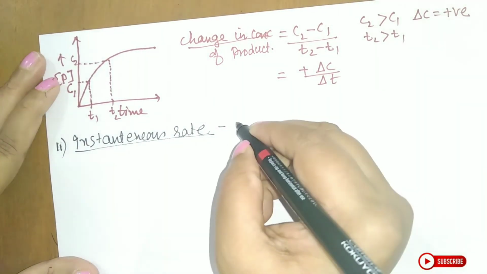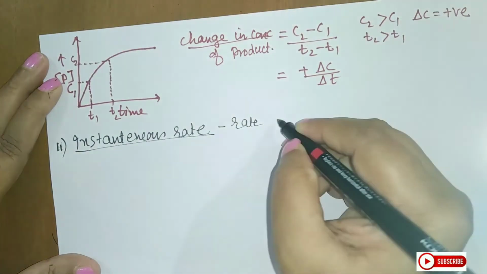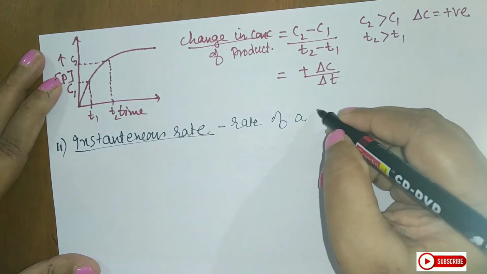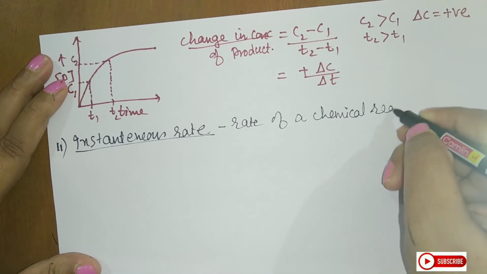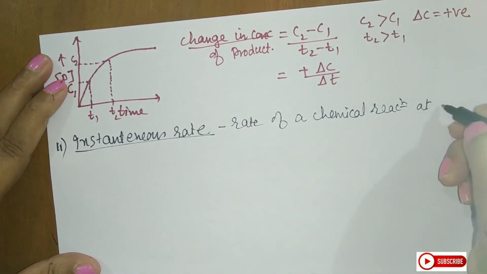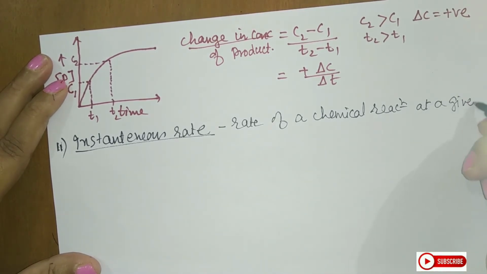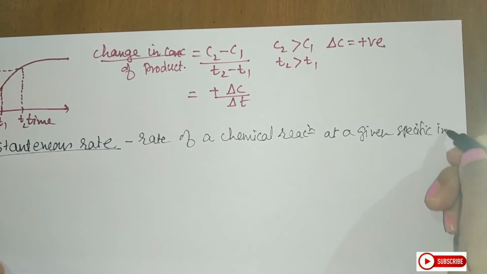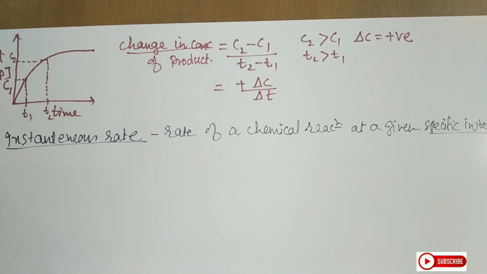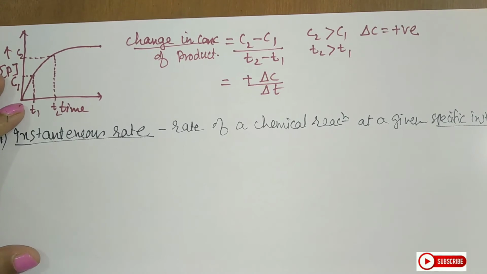It is the rate of a chemical reaction at a given specific instant. Means the rate at that particular given point, and therefore it is infinitesimally slow.